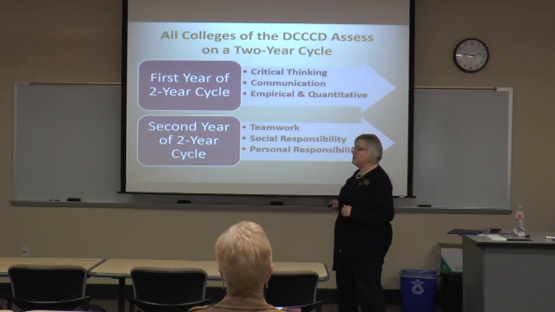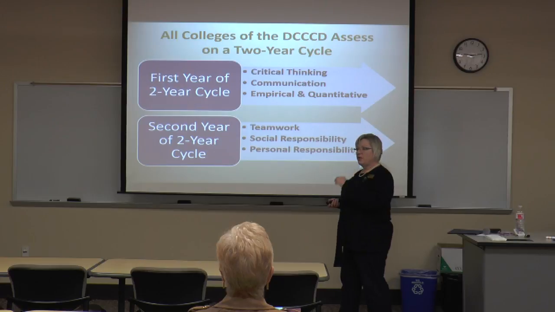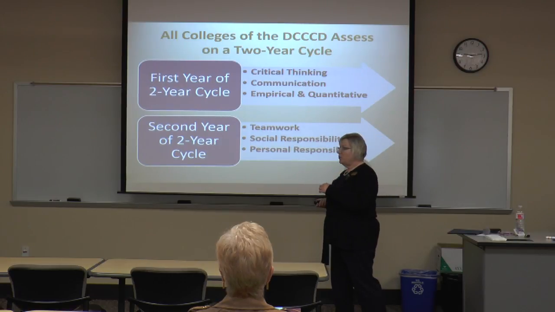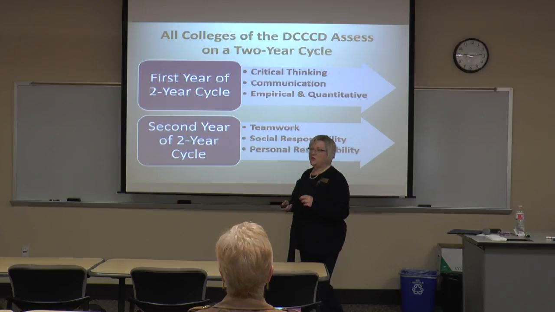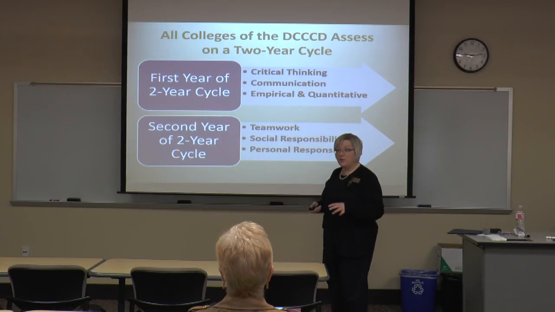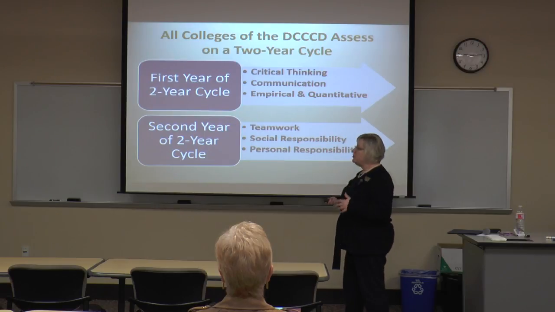All of the colleges in the DCCCD have agreed to go on a 2-year cycle together. The reason we do this is because the report that goes to the coordinating board, we send together. We do it as a district. So there were certain things we had to agree on together. Not everything, but enough so that we could produce a report together.